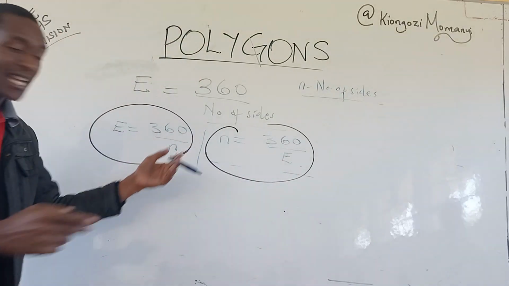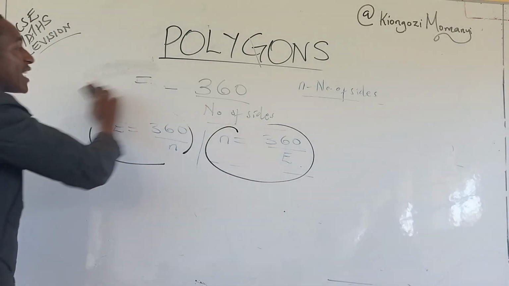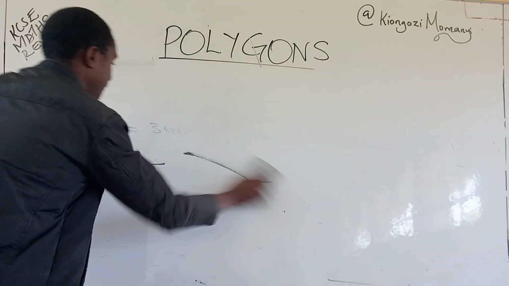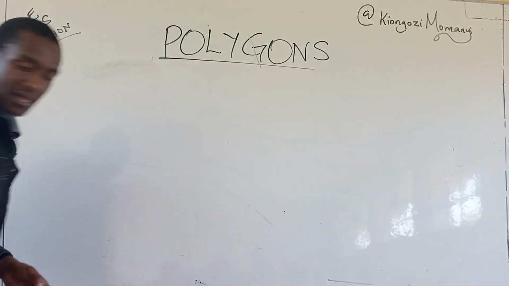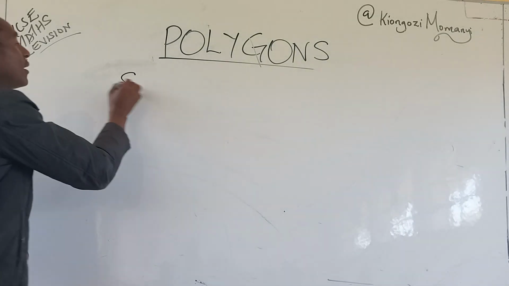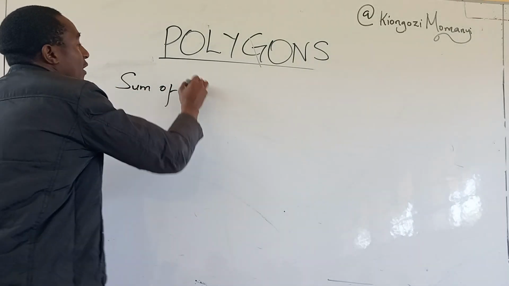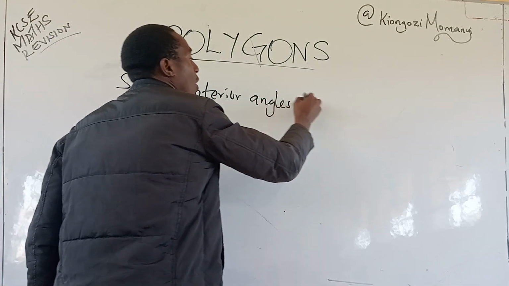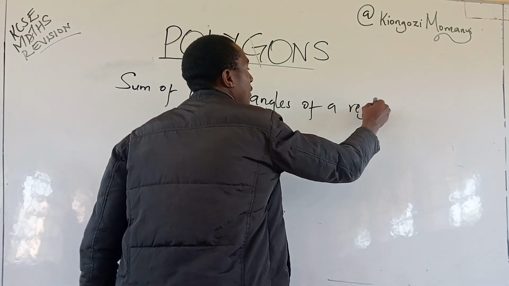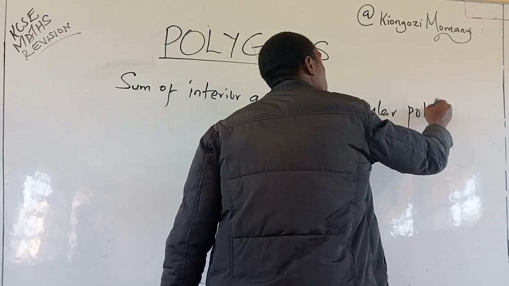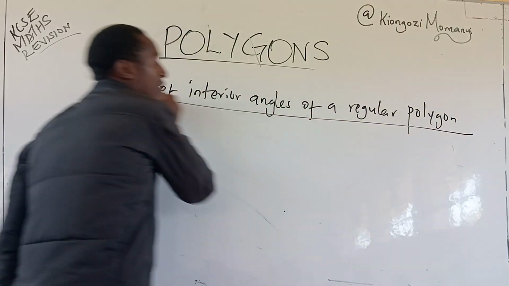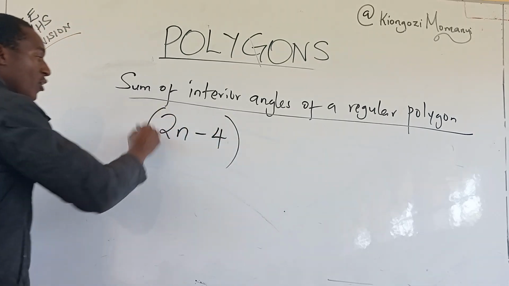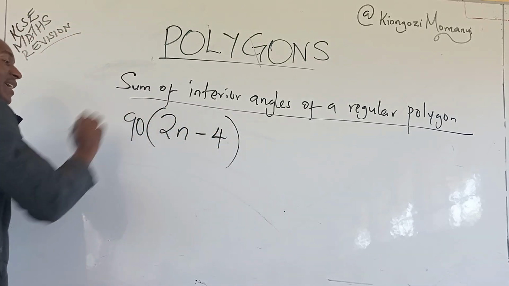After saying that exterior is equal to 360 over n, and n is equal to 360 over exterior, we now give the last formula, which is the sum of interior angles of a regular polygon. The formula is (2n minus 4) times 90 degrees.